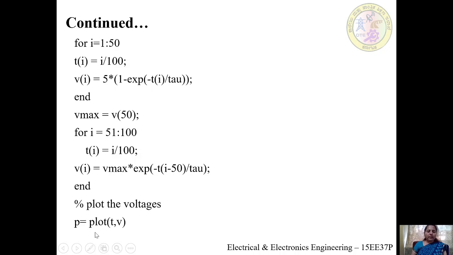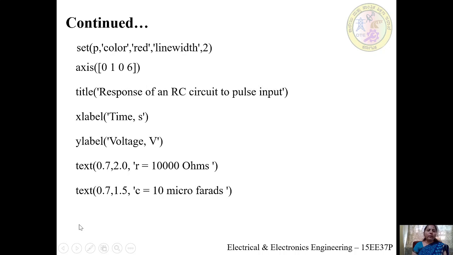So for plotting, I'm using the command plot t comma v, because I need to take time on the x-axis and voltage on the y-axis. And here I'm changing some of the characteristics, so I'm making use of the set command.